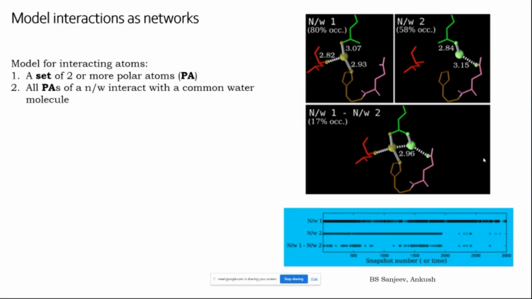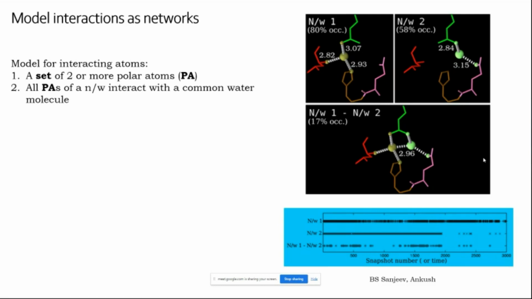So here I'm showing you a model that I actually used after my PhD. This was not published, but the later version was. I'm just showing you what exactly we mean by identifying frame-wise data. From frame-wise data, whether or not some water molecule is associated with a set of atoms.